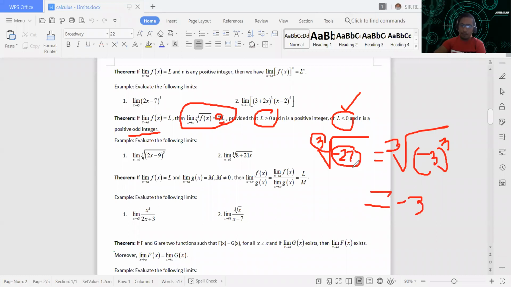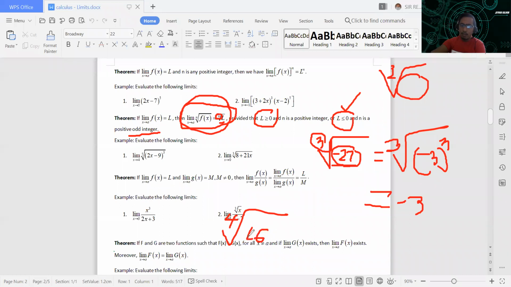But if inside the radical is a positive number, there is no problem. It is automatic. But if it is negative, you should see to it that the index is a positive odd integer. In case it is an even number, for example the fourth root of negative 16, in this case it will not work.